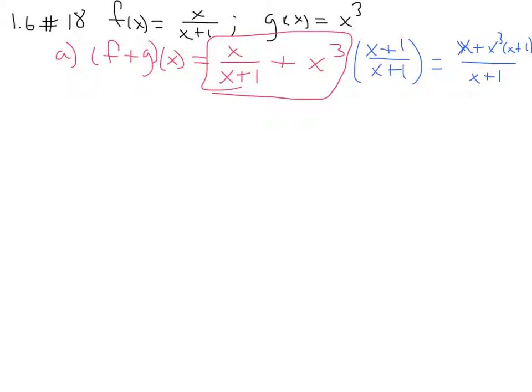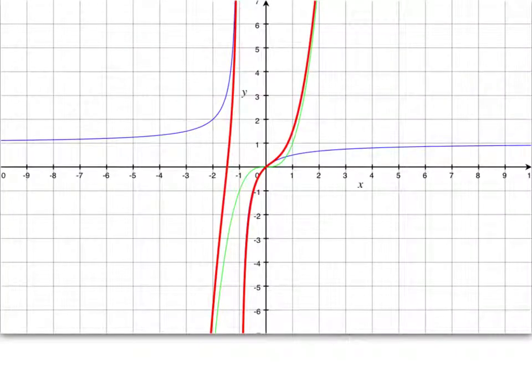And if you're interested in what this looks like graphically, it looks like this. Our original functions are in blue. We're going to have x over x plus 1. In green, we're going to have our x cubed.